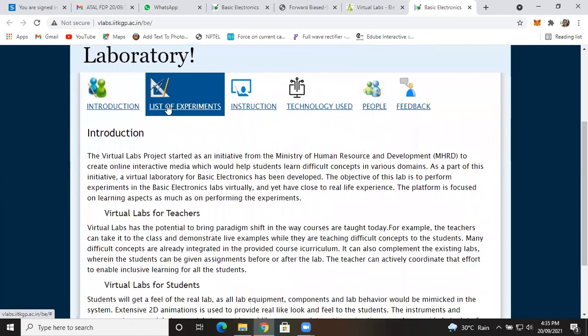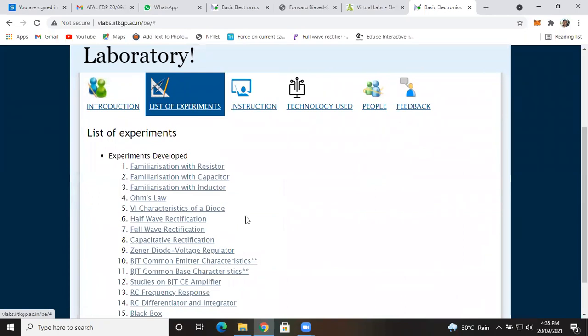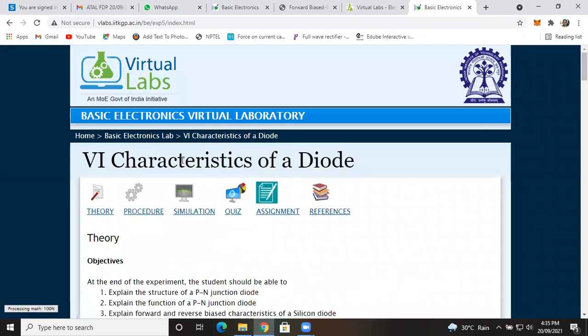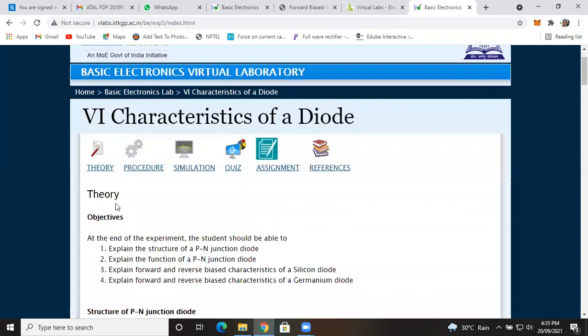Here you can observe the list of experiments. When I click on it, you will observe that there are a total of 17 experiments, and out of those, as per your syllabus, I have selected this one topic, the VI characteristic of a PN junction diode. In that, you will observe many parts: theory, procedure, simulation.